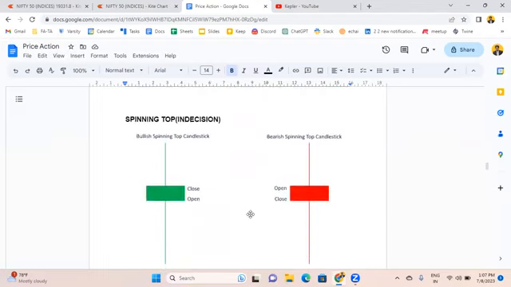Spinning top. Spinning top is basically a neutral candle where buyers and sellers are confused, like they are not sure if the prices will go higher from here or lower from here. So buyers and sellers are both in control, but 50-50%.